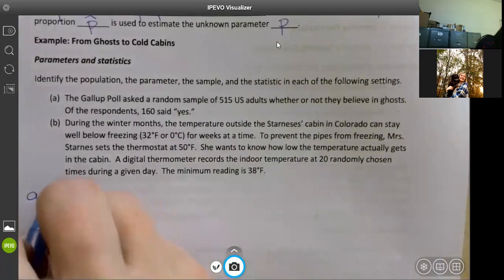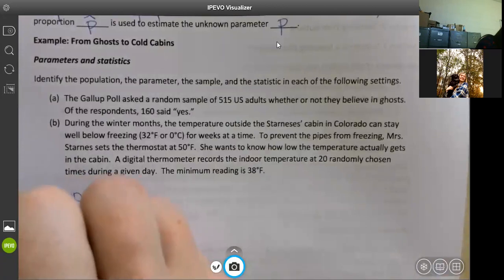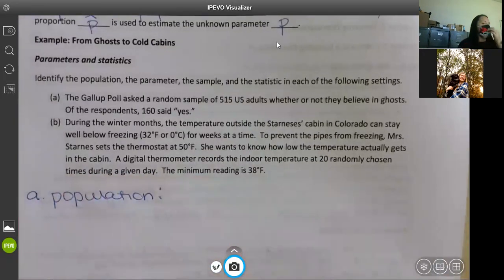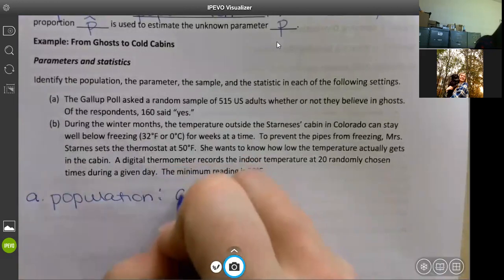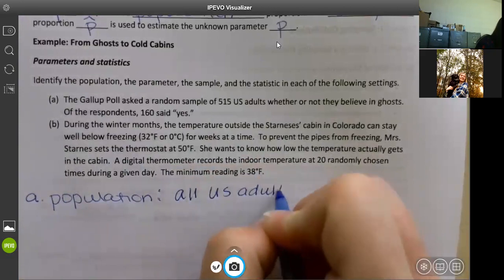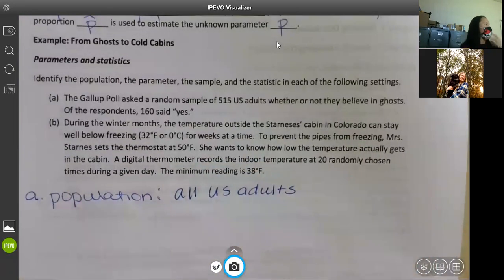So we're going to talk about our population first. Your population is your overall. Where are we pulling the sample from? So it says the Gallup poll asked a random sample of 515 U.S. adults. So what did they ask? They asked all U.S. adults, or that 515 came from all U.S. adults.